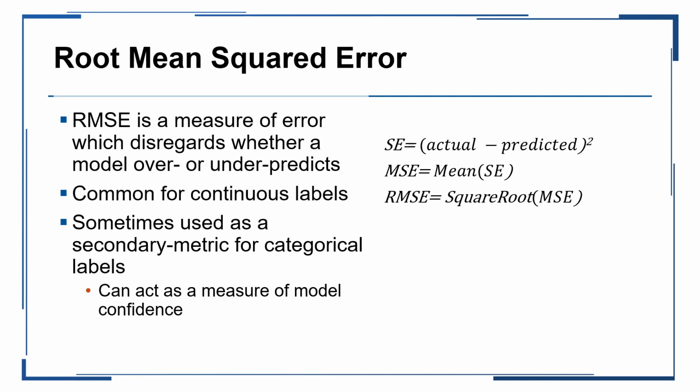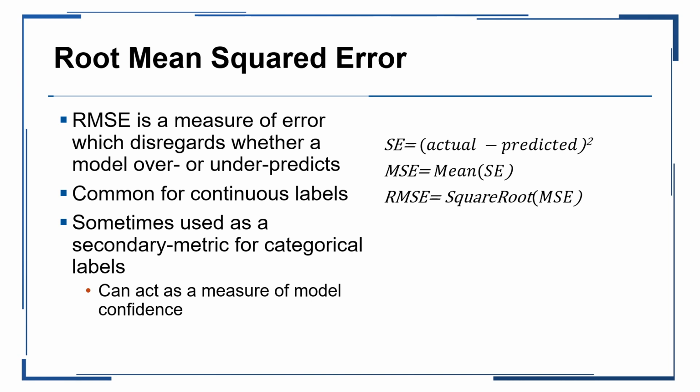Root mean squared error is a measure based on the continuous valued predictions and is a common metric for both continuous dependent variables as well as categorical prediction tasks. RMSE is calculated by subtracting the actual label and the predicted value, squaring it to remove directionality.